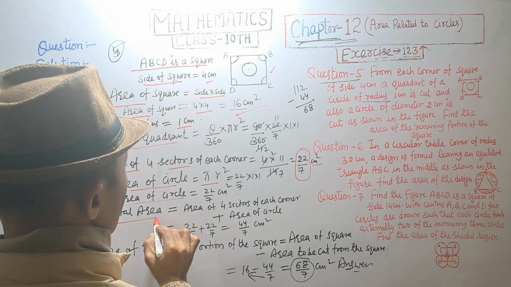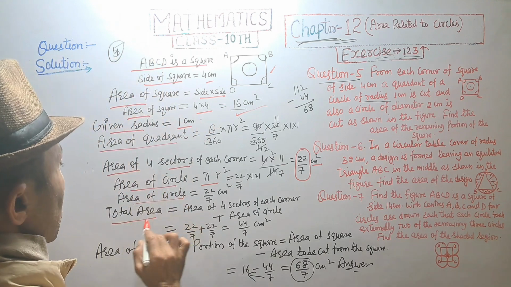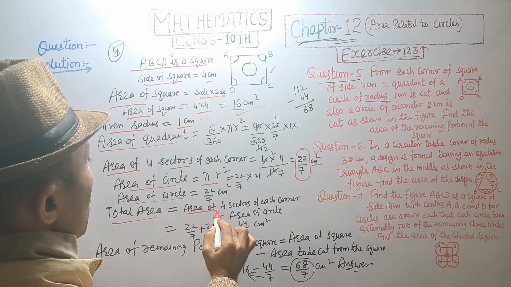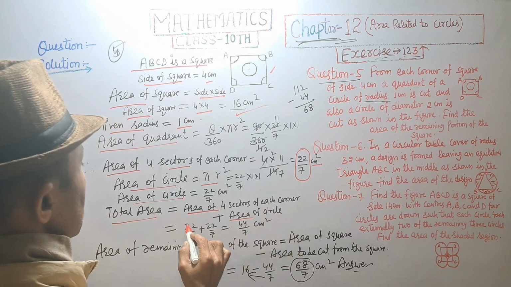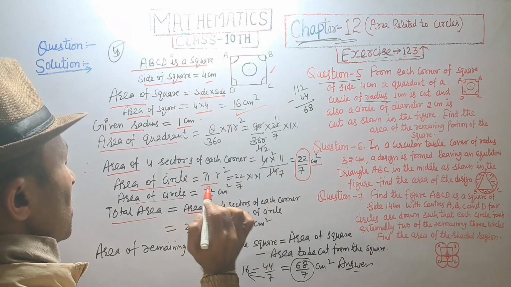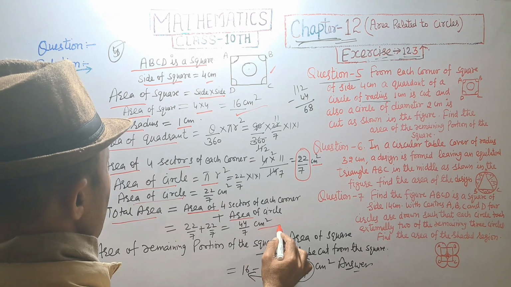Total area to be cut from the square is equal to area of 4 sectors of each corner and area of circle. That is 22 upon 7 plus 22 upon 7, that is equal to 44 divided by 7 centimeter square.